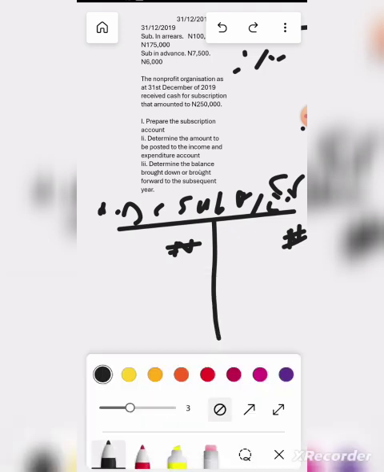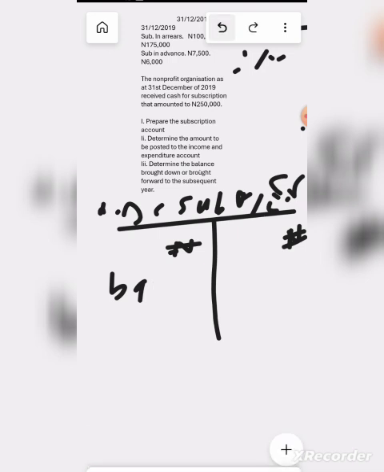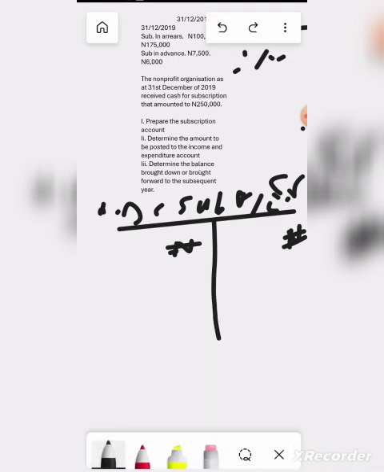Let me find a way to reduce the font. So that is in thousand.